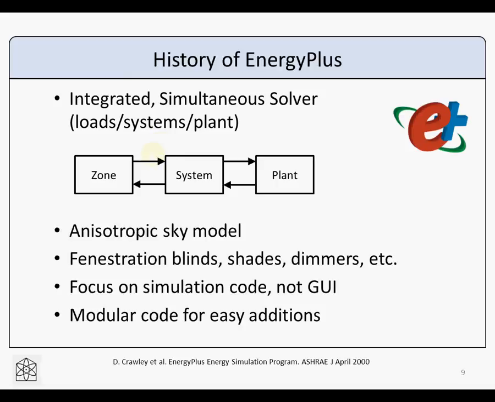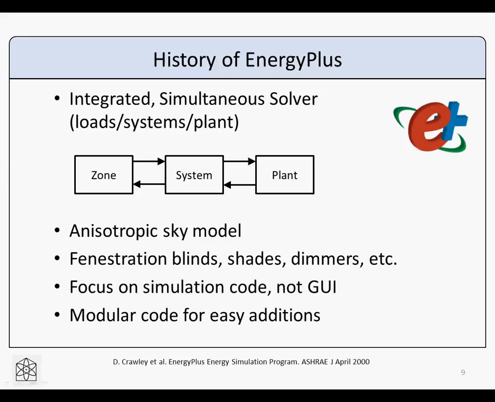Some other nice features of EnergyPlus: it uses an anisotropic sky model. There's a lot of other simulation software that does that, but that basically means it allows for direct radiation and diffuse radiation. So those are treated differently depending on where the sun is in the sky and how that interacts with windows in particular.